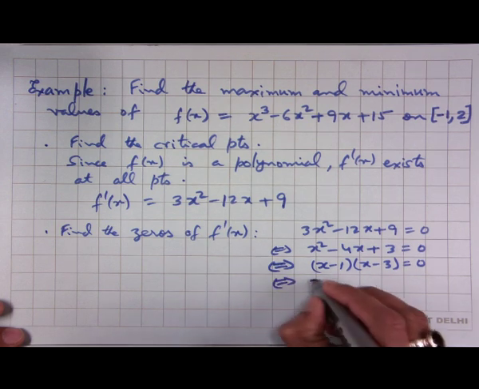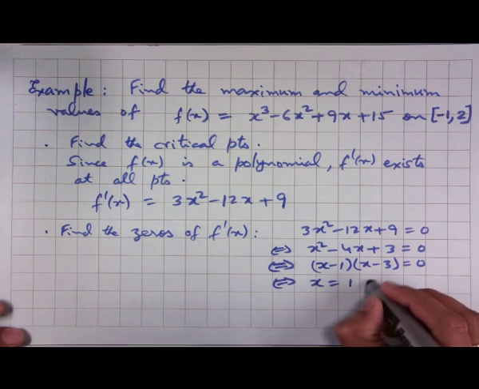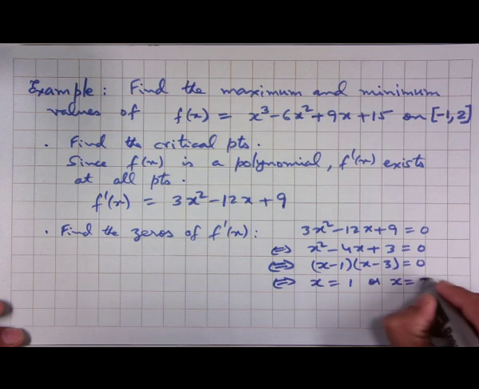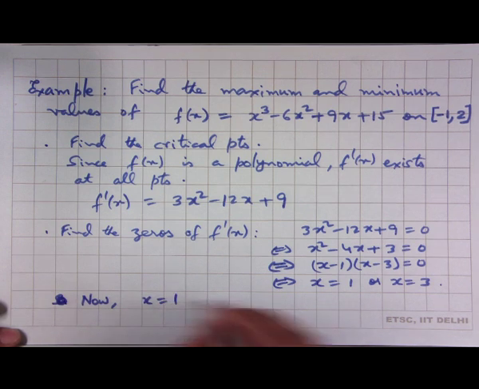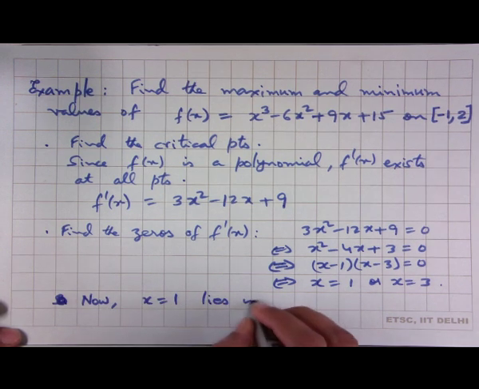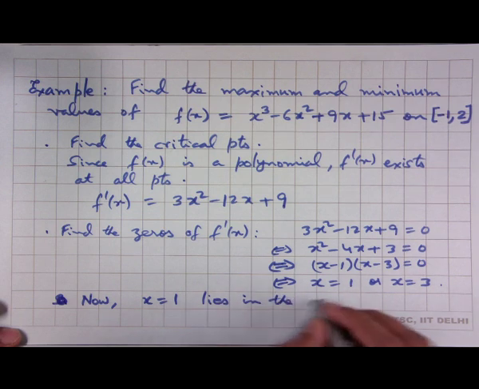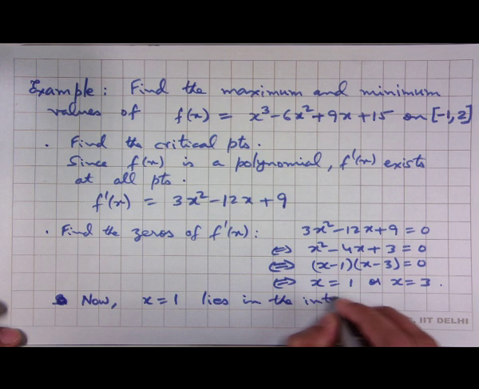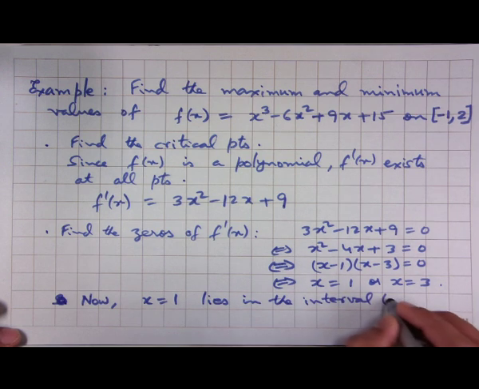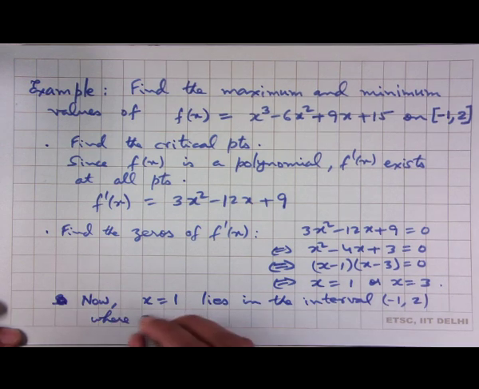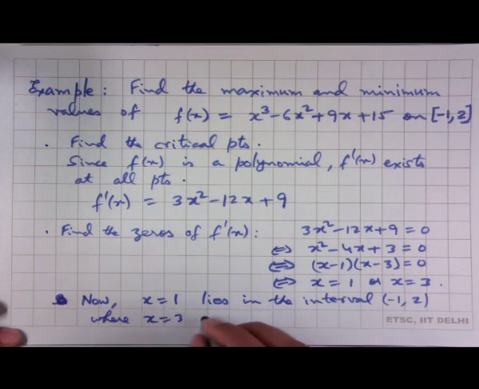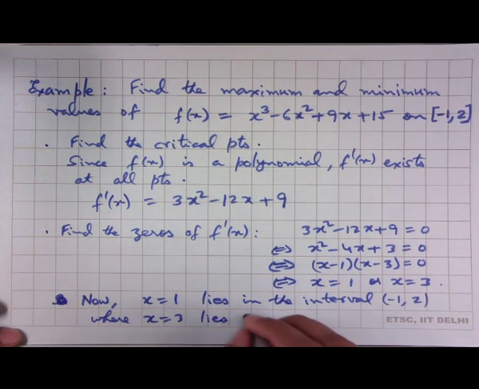So, x is equal to 1 or x equal to 3. Now, x equal to 1 lies in the interval -1 to 2, whereas x equal to 3 lies outside the interval.